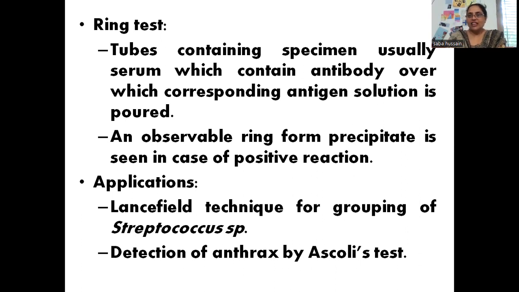If it's a positive reaction, that means the corresponding antigen and antibody are there. And if the test system is showing a positive reaction, you will see a ring there. This is applied in the Lancefield technique for grouping of Streptococcus species, as well as detection of anthrax, and this is called Ascoli's test.